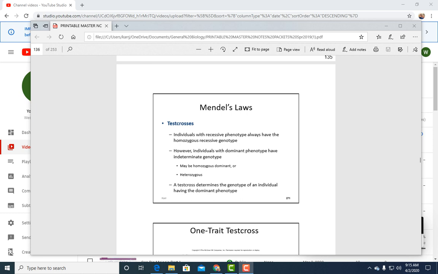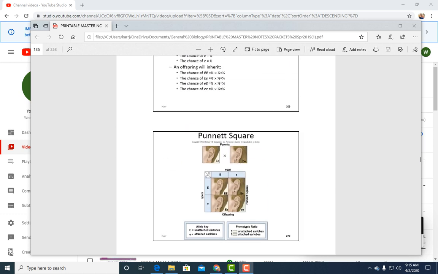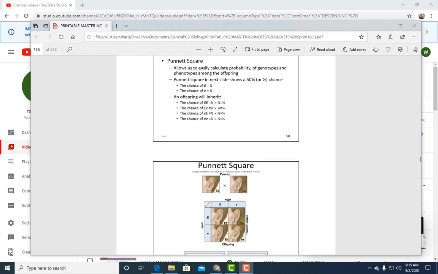And if we see the recessive traits show up in the offspring, then we know that that individual was heterozygous. Because again, anytime we cross someone who is homozygous dominant, every offspring is going to inherit a capital E. If this was big E, every offspring is going to inherit that big E, and they're all going to have the dominant trait as their phenotype.